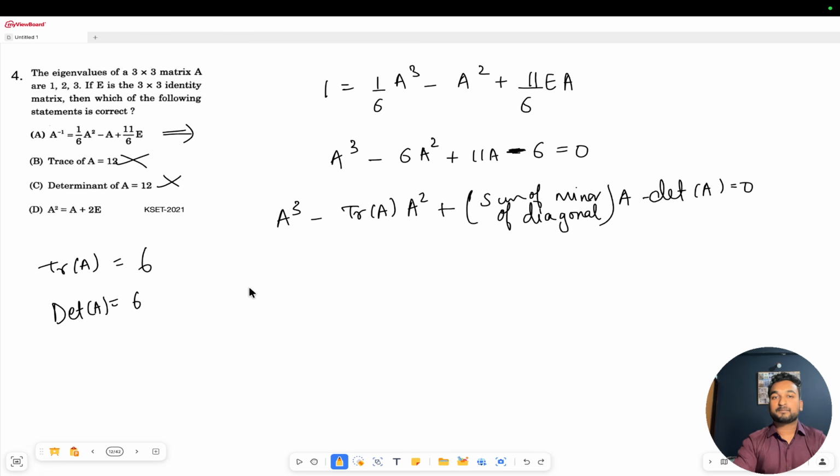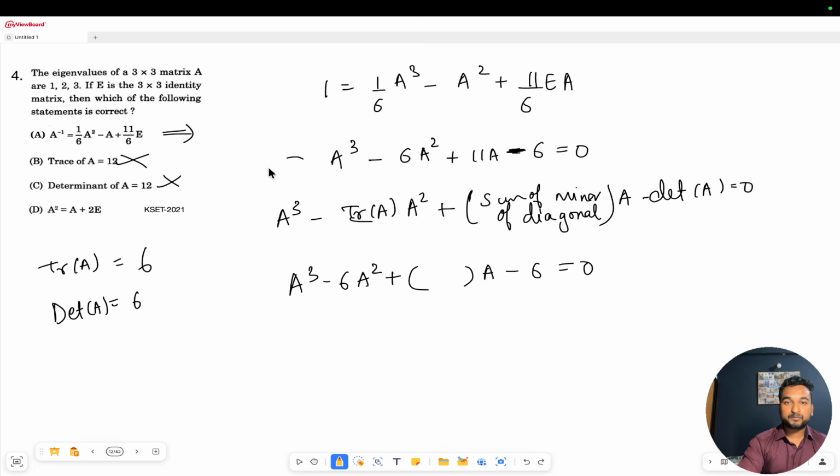Okay, so just keep that in the equation. Since the matrix is not given, you cannot calculate the sum of minors of the diagonal, but you know trace of A and determinant of A, just put that. So A cube, what is trace of A? It is 6A square plus, leave this part, A minus 6 determinant of A equals to 0. So if you compare these two equations, you can see that the equation is almost the same. So option A is correct.